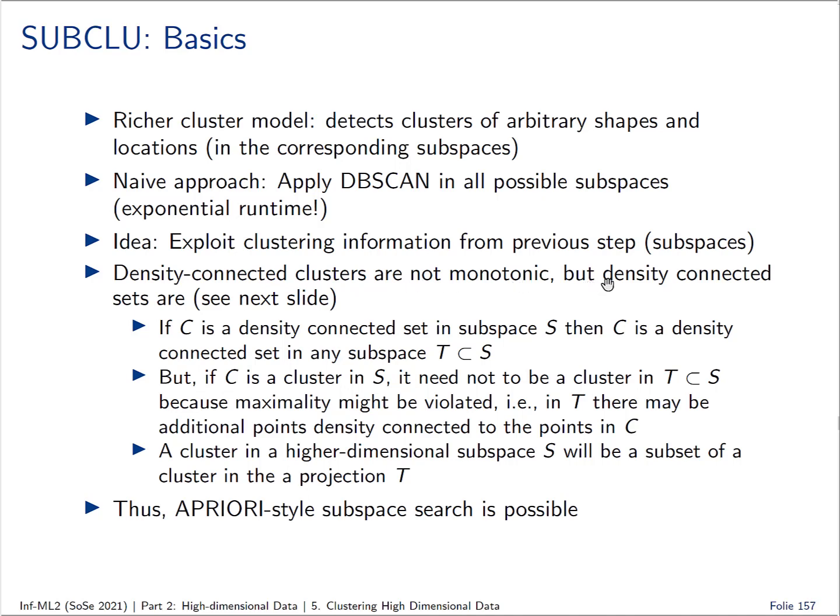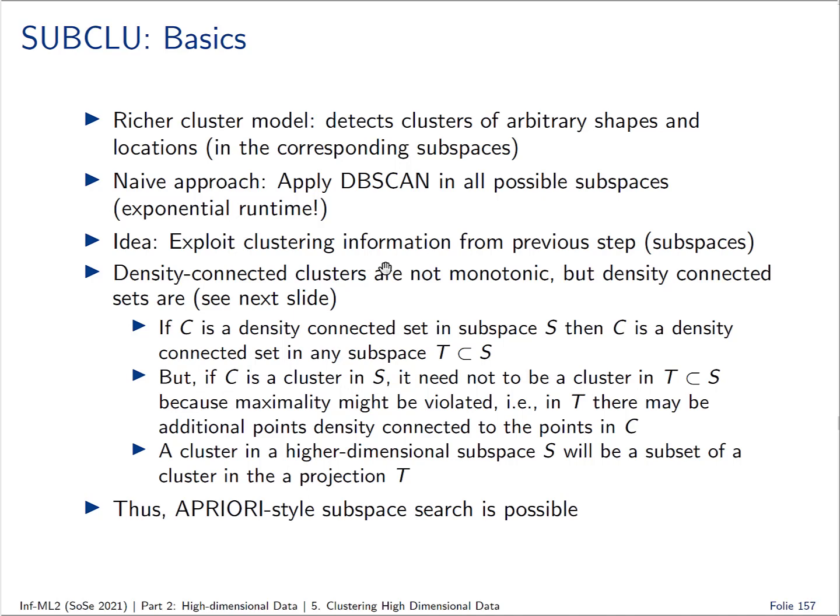But the positive point is that for density connected sets without maximality, so density connected clusters are maximal density connected sets. For maximality, it's not monotonic, but if you give up the maximality, density connected sets are actually monotonic. So we'll see that on the next slide as an example.